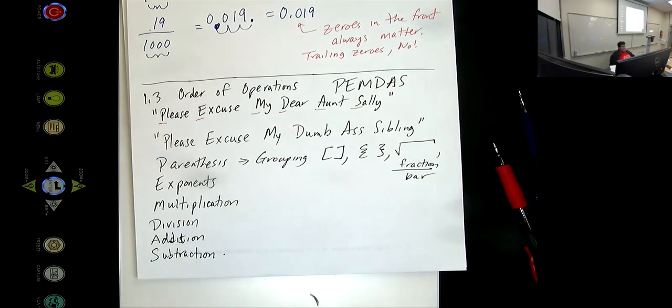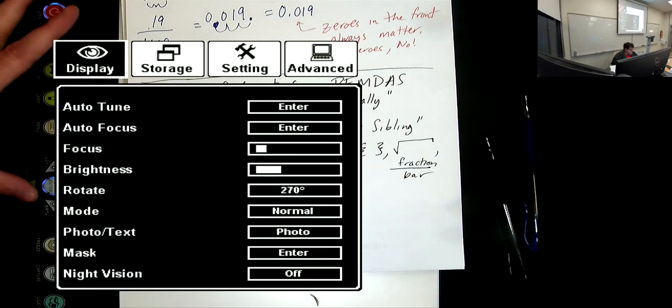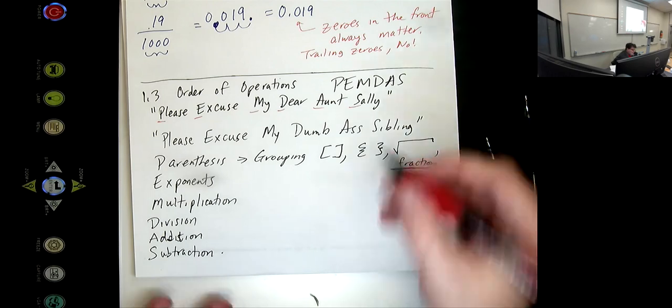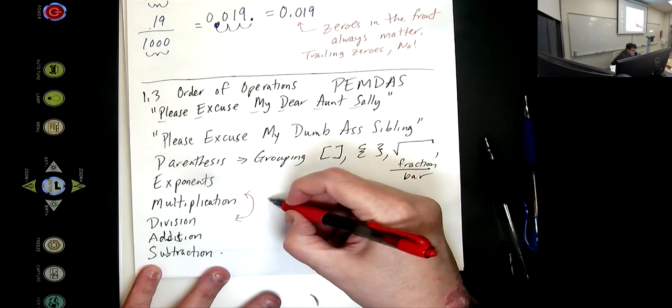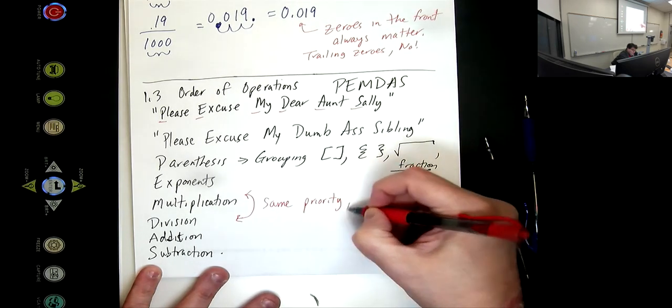And the only problem with this is it's supposed to go in the order that you do them. Multiplication and division have the same priority, so left to right.